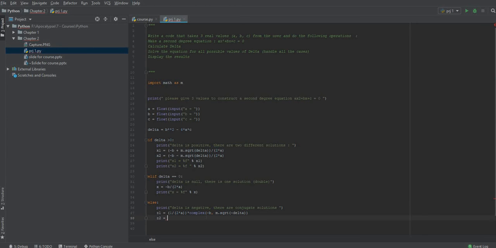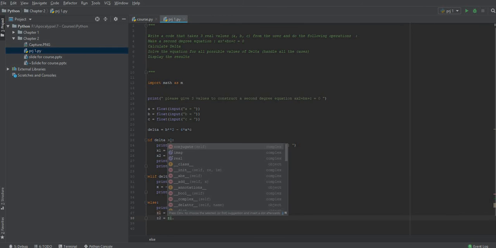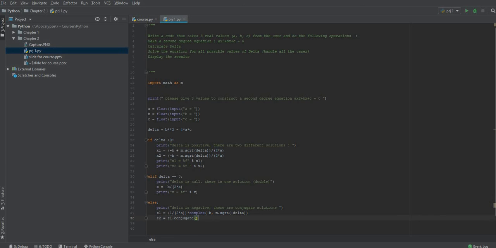To make it simple, there's something cool in Python. Since this is a complex, we can just make z1.conjugate, and this will return the conjugate of this value. Now print z1 equals percentage.